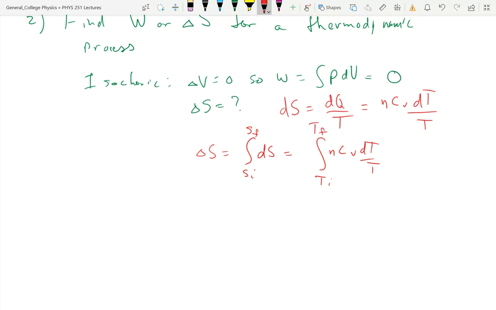Notice my equation already had the variables separated, so it was real simple. n and C_V are constant, so what is the integral on the right-hand side? What's the integral of nC_V dT over T?